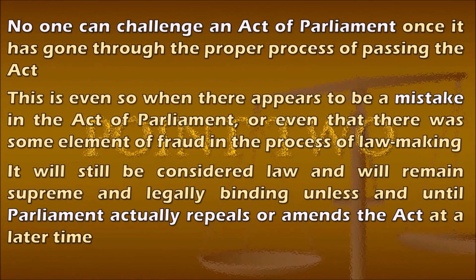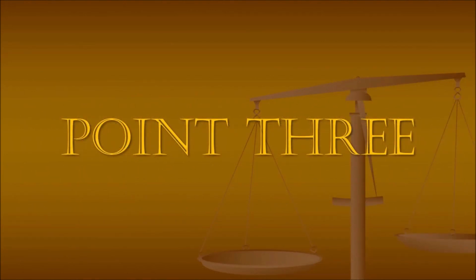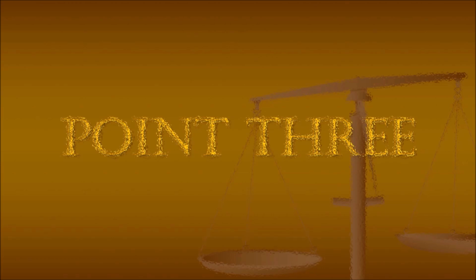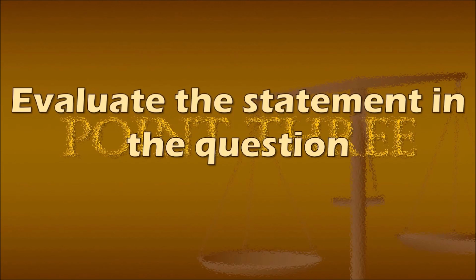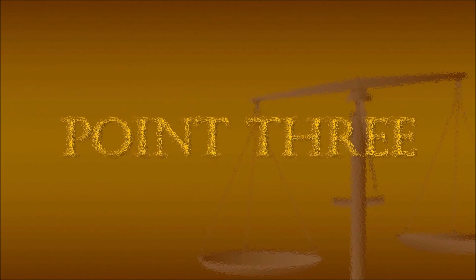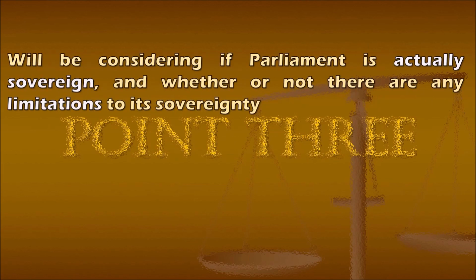Point 3. After discussing the nature of Parliament and its sovereignty, we can now evaluate the statement in the question. That is, Parliament is sovereign over all under its power. Here, we will be considering if Parliament is actually sovereign and whether or not there are any limitations to its sovereignty.